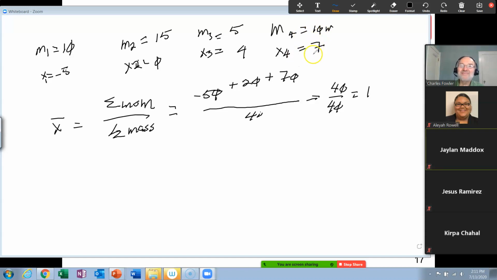The 10 was 6 units away, that would be 60, 15, and 60 is 75. 75 to the left, 75 to the right, that would have wound up being 0. So sure enough, if your X would have been the center of mass 1 space to the right of where it was, that would have given it to you. And sure enough, that's it.